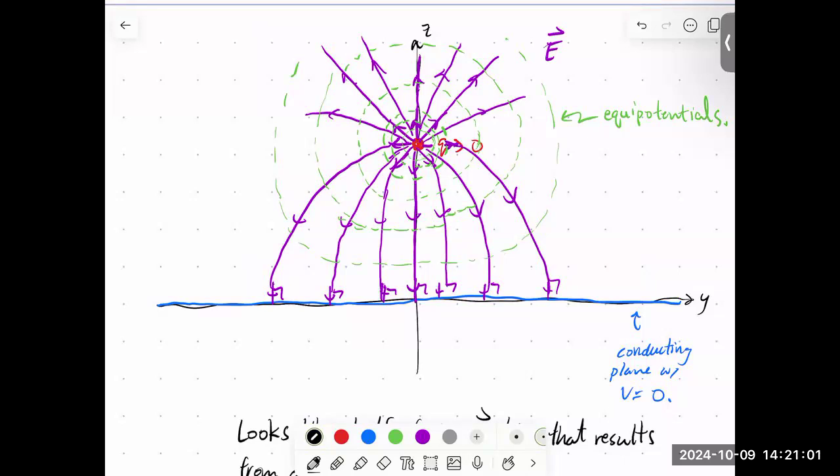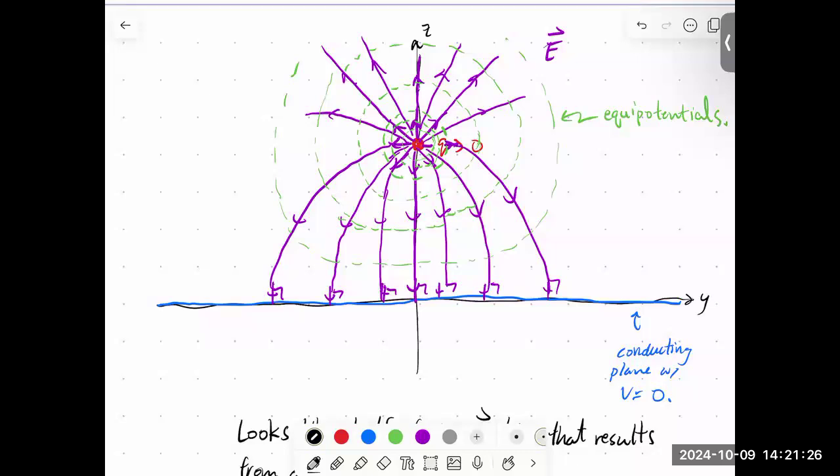And it is always going to be true that if I have some blob of charge above an infinite plane, then the method of images would be to take that exact same blob of charge, put it on the other side, and change the sign, and you'll get the same potential in this region above.